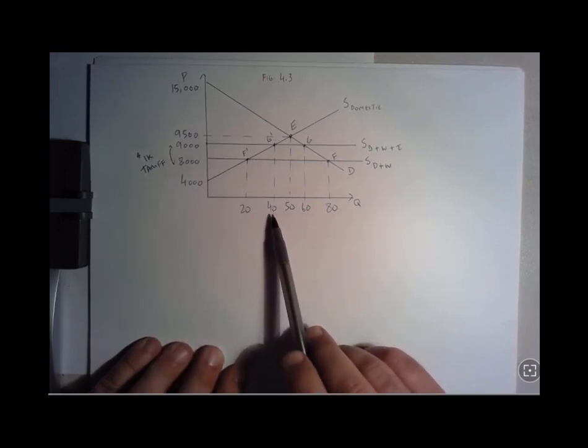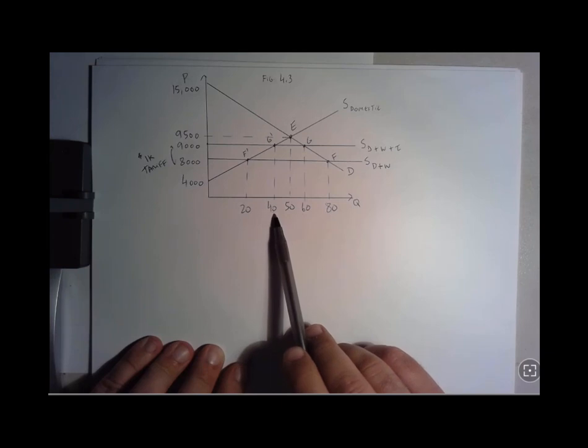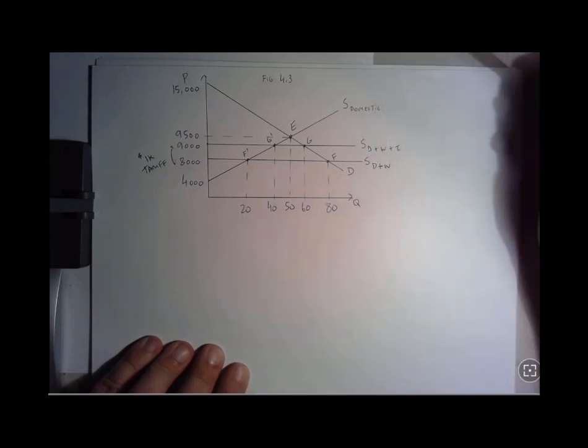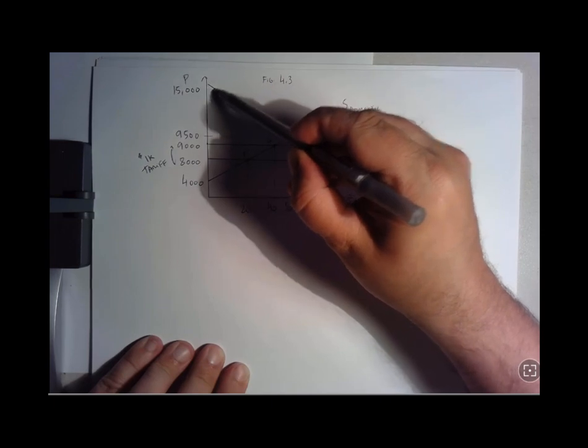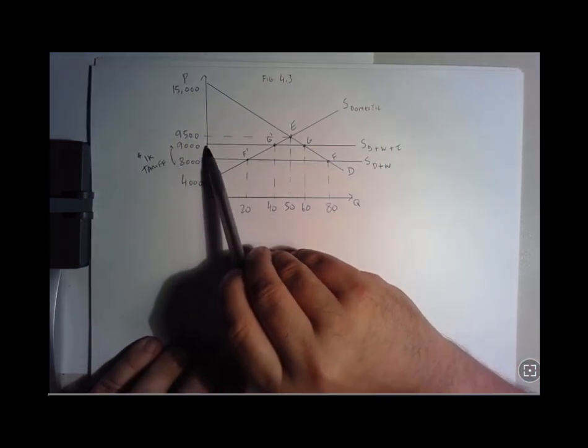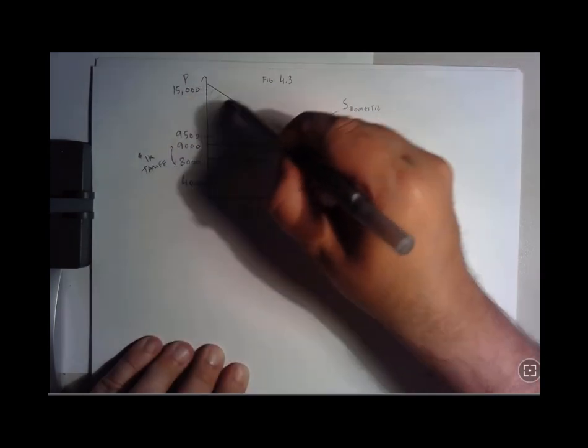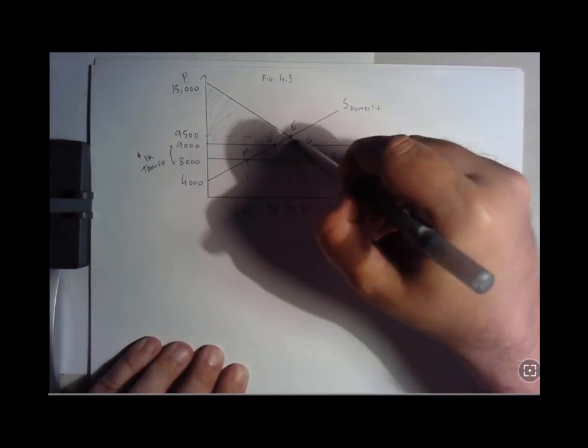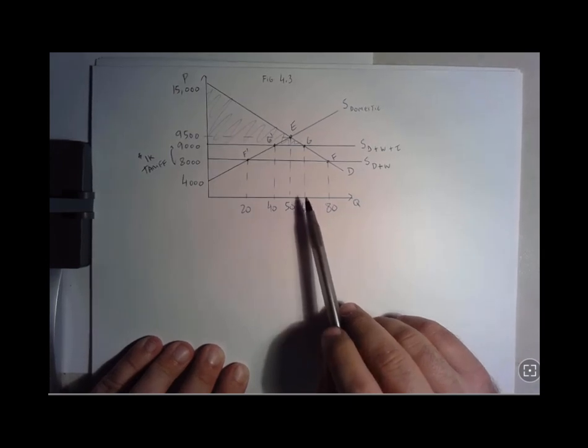What is the new consumer surplus at this point? So the new consumer surplus is going to be bounded by the highest price and the price that they actually pay. So all this area here now is the consumer surplus.